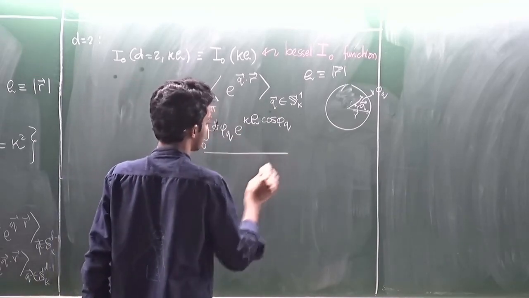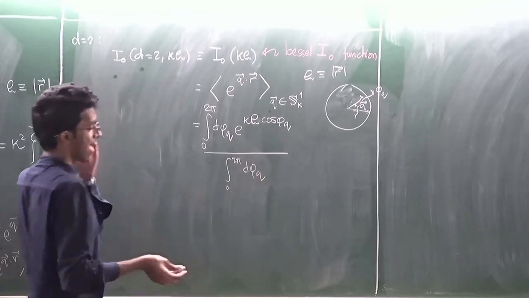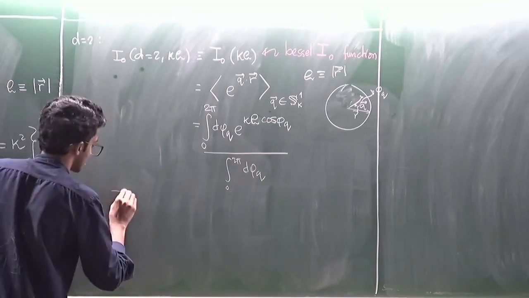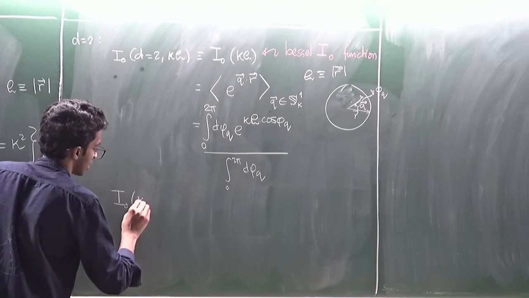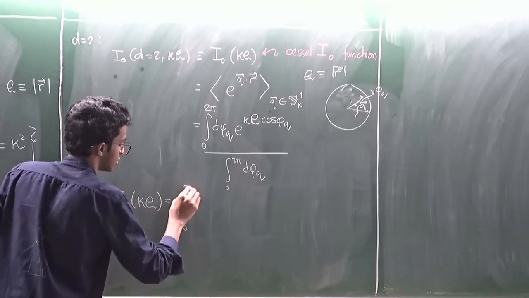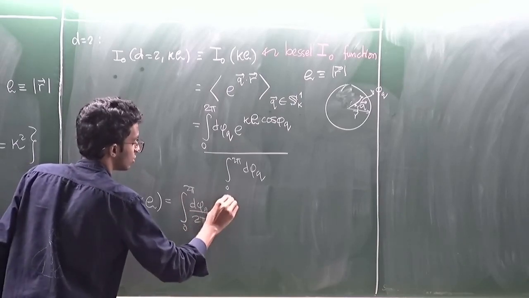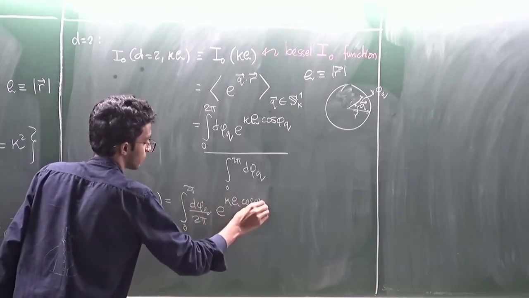And since it's an average, I have to integrate 0 to 2 pi, divided by 2 pi. That is just I naught of kappa rho, equal to the integral from 0 to 2 pi d phi q over 2 pi of e to the kappa rho cos phi q.